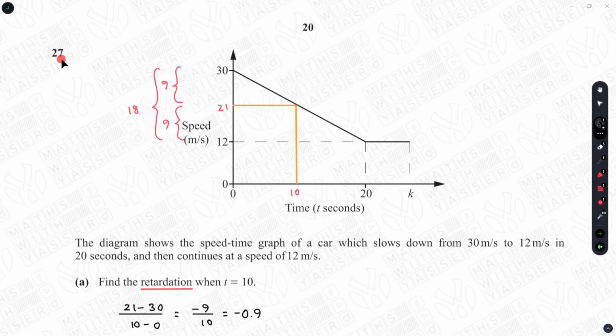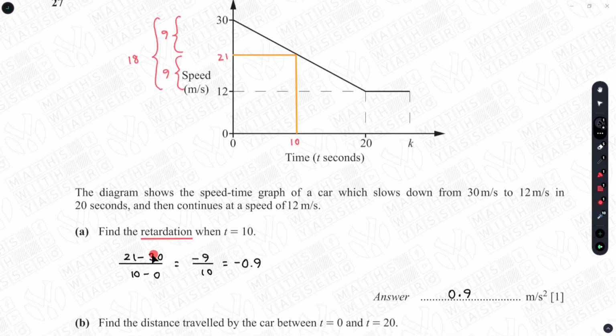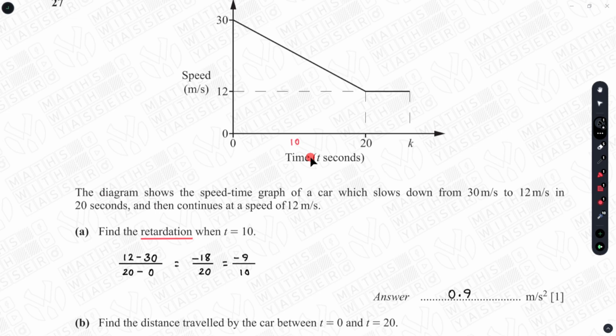Question number 27. The diagram shows the speed time graph of a car which slows down from 30 meters per second to 12 meters per second in 20 seconds and then continues at a speed of 12 meters per second. Find the retardation when t equals 10. Since the retardation is the same over here and over here because the gradient is the same, I can use the formula y2 minus y1 over x2 minus x1.